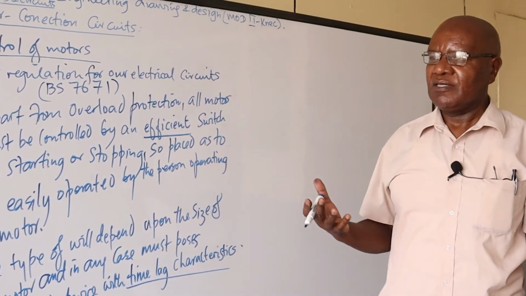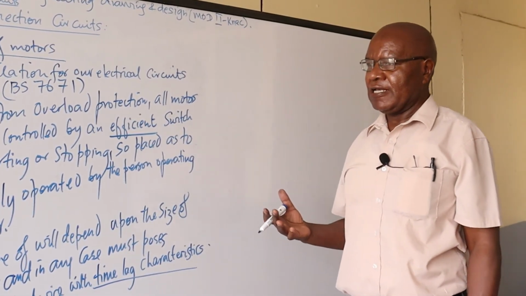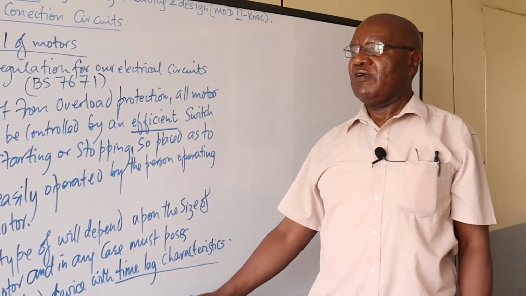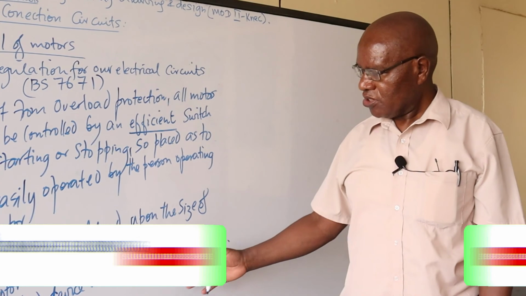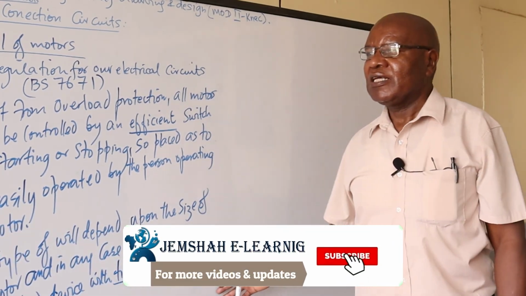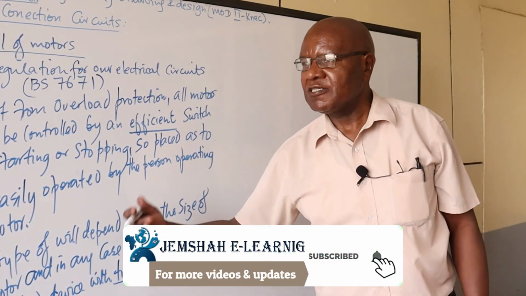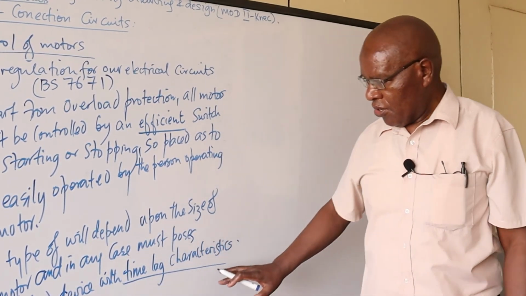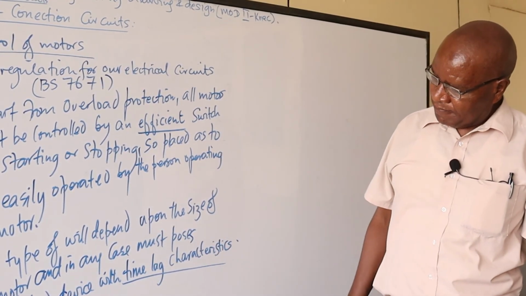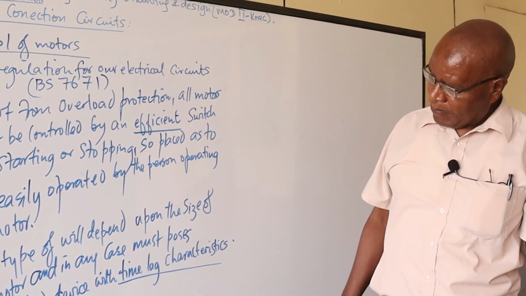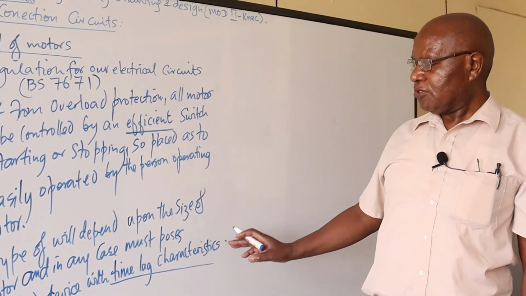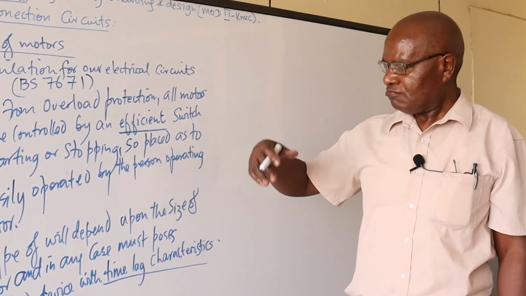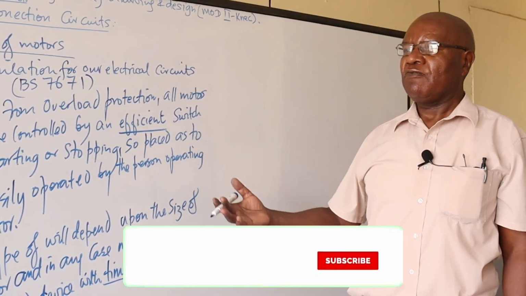So we want an overload device that will take care of that, to not trip the minute the current is exceeded. And mostly for these ones here, we have the bimetal strips, because they need to heat up before they operate, or connect a switch to switch off the supply.